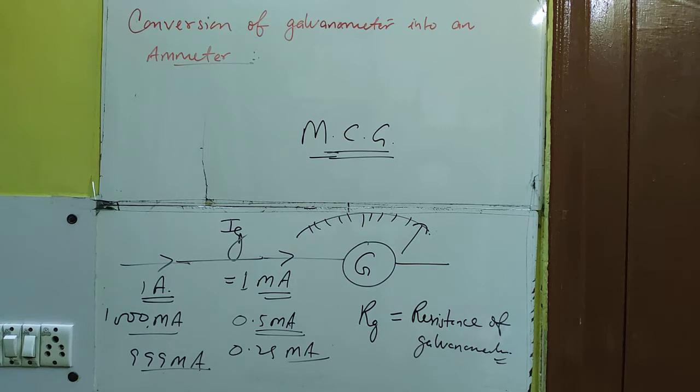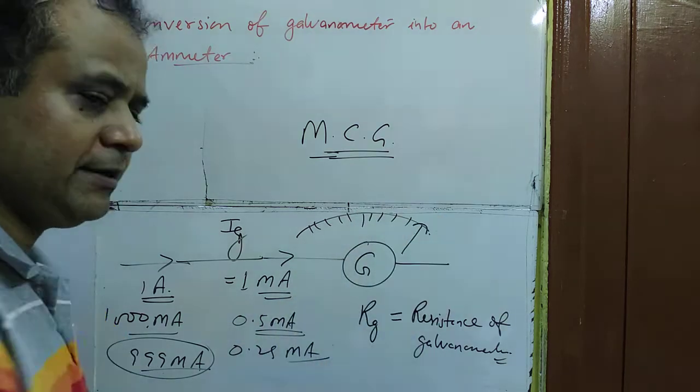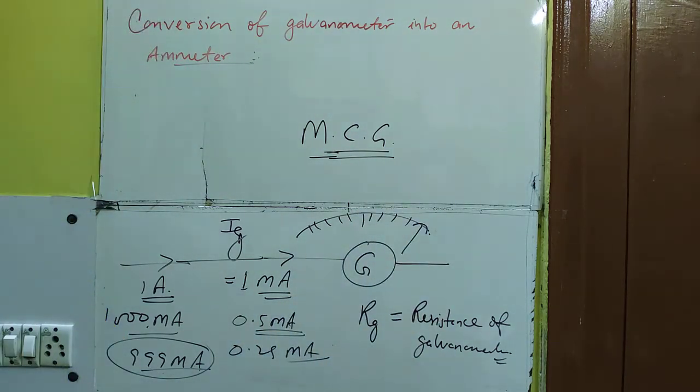Then what will happen? Because of this extra amount of current, the coil of the galvanometer will be burned. The galvanometer is definitely damaged. So we can't directly insert 1 ampere current.